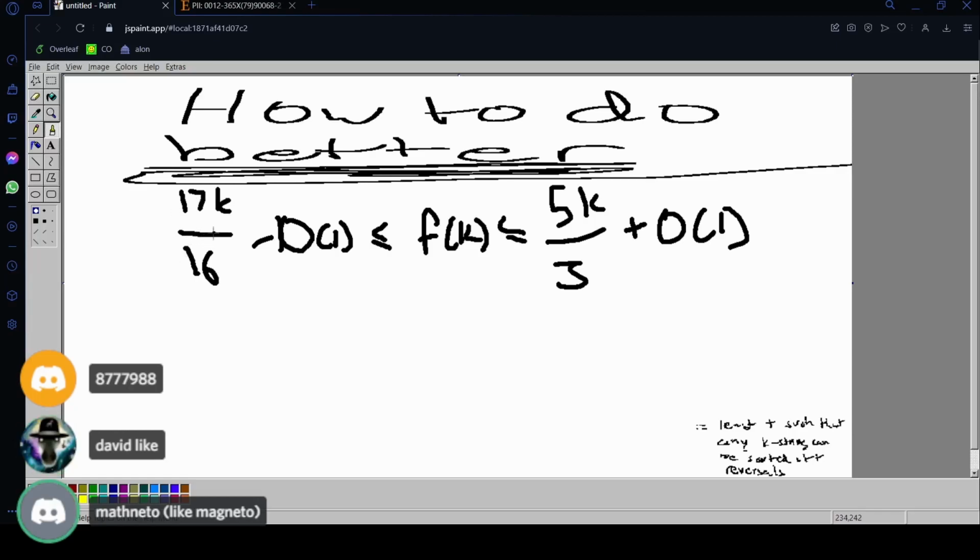What's much more significant is that the coefficient of the linear term has changed from 1 to 17/16, and from 2 to 5/3. So this is less than 2k, and this is greater than k minus 1, at least when k is big, which is what we care about.